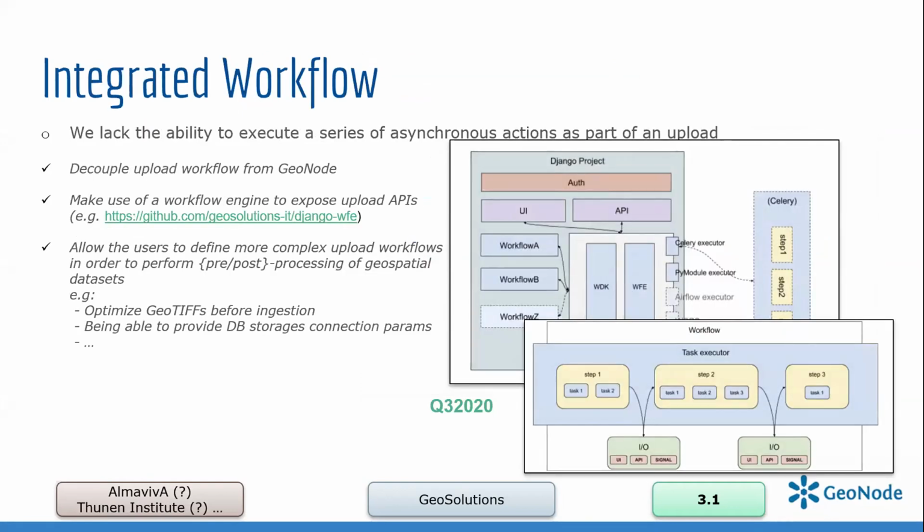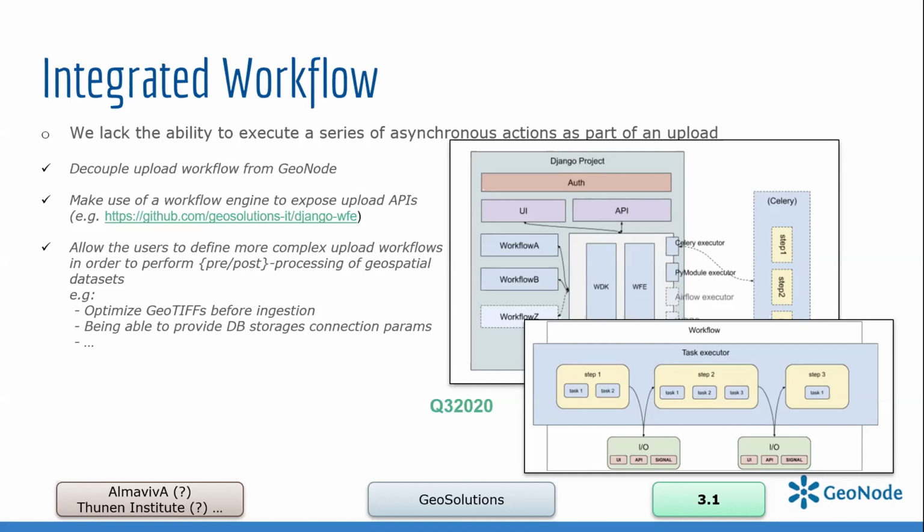Integrated workflow. This is something that we have discussed for a long time. Basically, the uploader available from the user interface is very limited now. So we are currently analyzing the possibilities to attach some asynchronous upload workflows to GeoNode that not only allow you to more efficiently and reliably upload datasets into GeoNode, but also to define additional steps during the upload process.